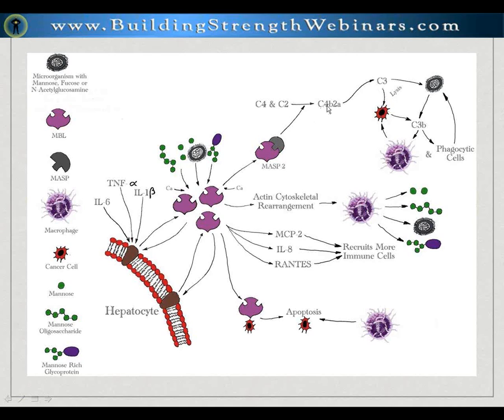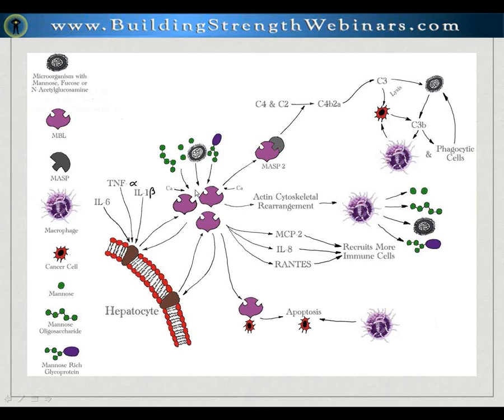So this is nature's way of looking for defective cells or cells that should not be in your body. And then the complement fraction helps in the phagocytic process.